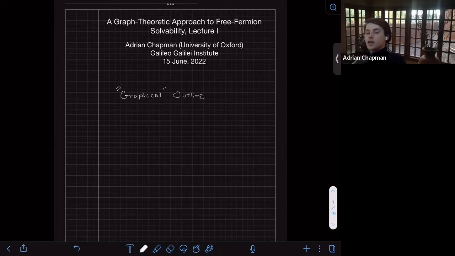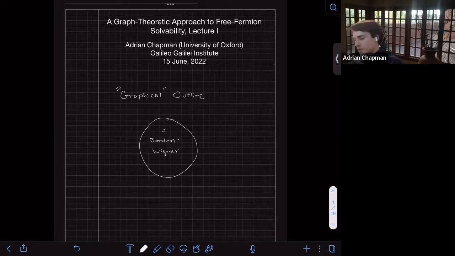So today I plan to speak about essentially two topics. The first topic, which will be in this lecture, is on generalizations of the Jordan-Wigner transform using combinatorics. And what we'll see is that this set of generalizations coincides with a particular graph-theoretic class, which I'll describe in a second.